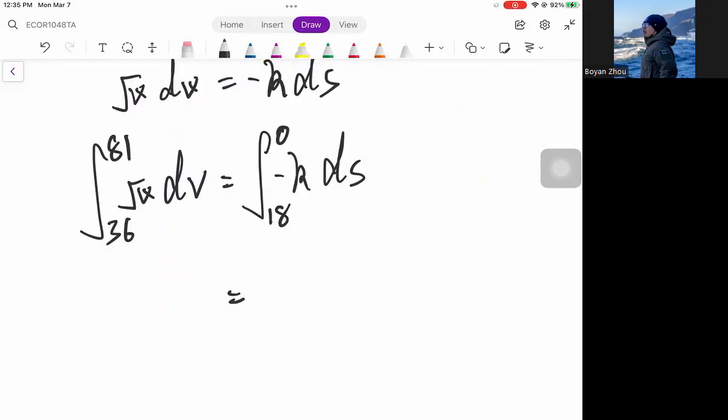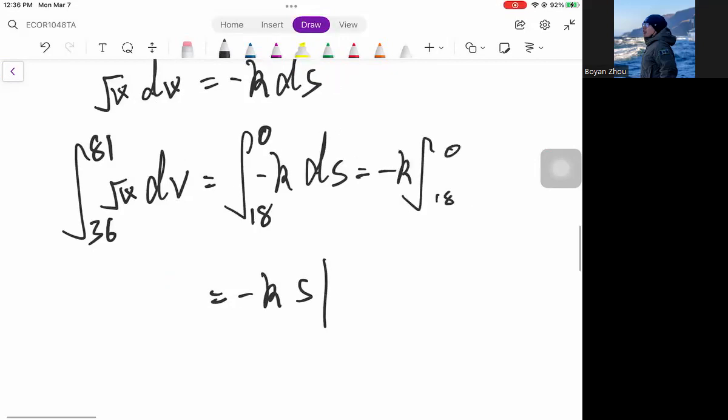On the right hand side, since K is a constant and is not related to the s here, we can just move it out of the integration sign. So that is going to be negative K, and we're integrating one ds.